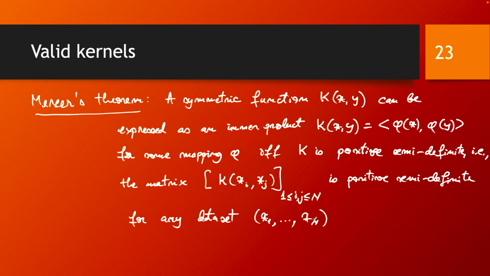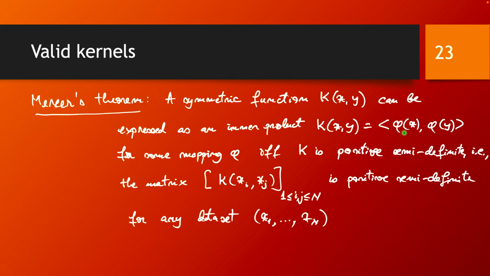So this Mercer's theorem gives us a criterion for how to define a kernel function. First of all, it's got to be symmetric, and second, this matrix is positive semi-definite. As long as we have this, then we know that this is a function that can be used as a kernel, because it has this property that it's in the form of an inner product between phi of x and phi of y.